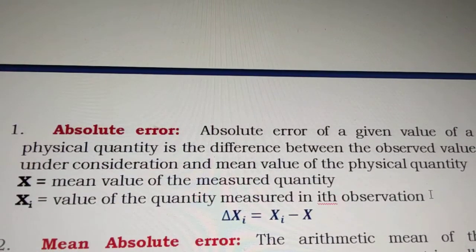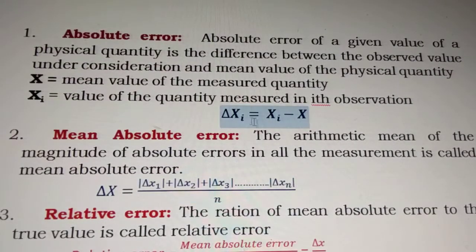That is an ith observation: the first observation, second observation, third observation. So delta xi is equal to the ith observation minus x.